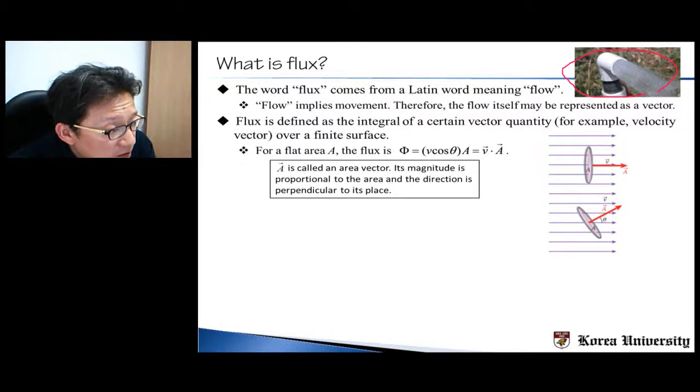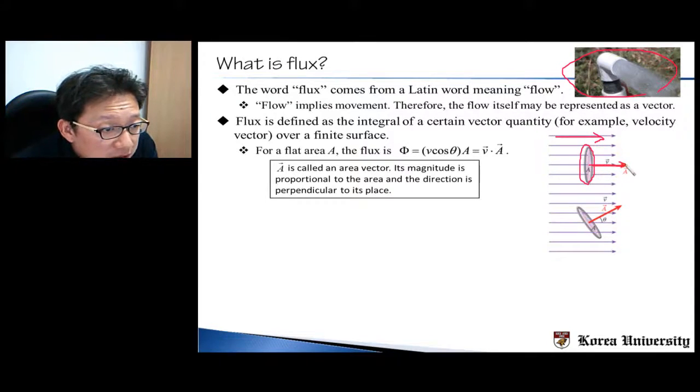over a finite surface. Let's take a look at the figure on the right side here. There's something flowing to the right, and let's call it the velocity. Velocity may be the easiest example of something moving or flowing. Okay. And then we are expressing this surface or area using a vector.